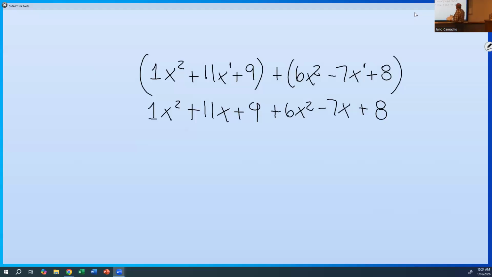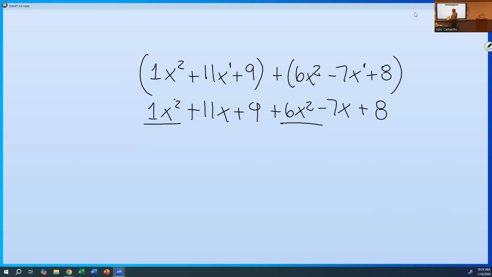No? So now that we have all our parentheses removed, my next step is to combine like terms. Now, what makes a term like? For example, I can say that 1x squared and 6x squared are like terms. Why? Because both have the same variable, x, and both are raised to the same power, 2 and 2.